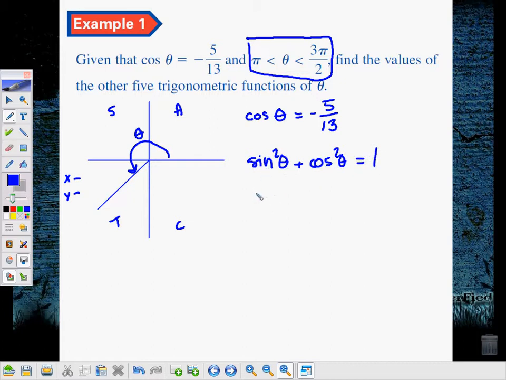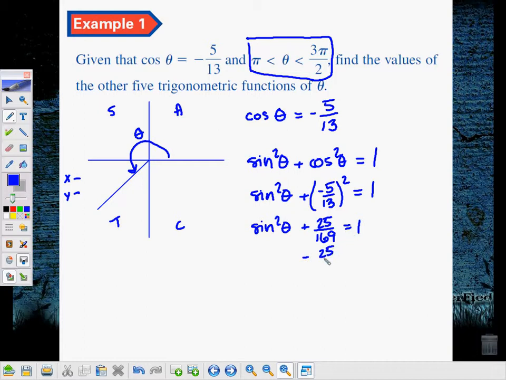I don't know what sine is, so this will stay sine squared theta. But the cosine, I do know what that is. That's negative 5/13. So negative 5/13 squared equals 1. So that gives me sine squared theta plus 25 over 169 equals 1.